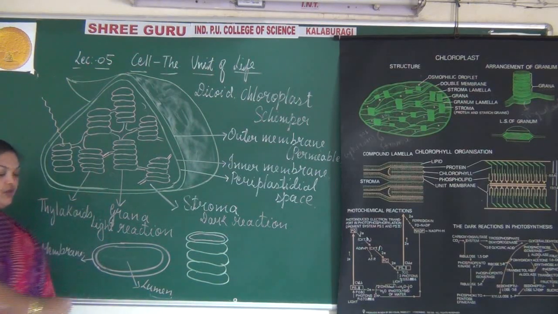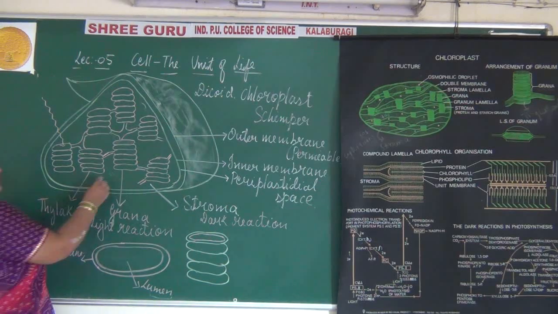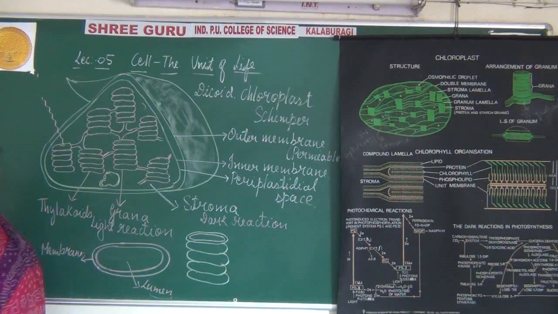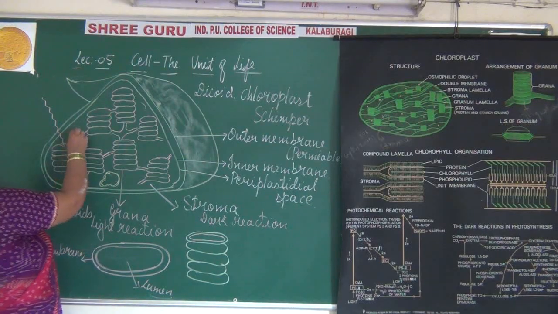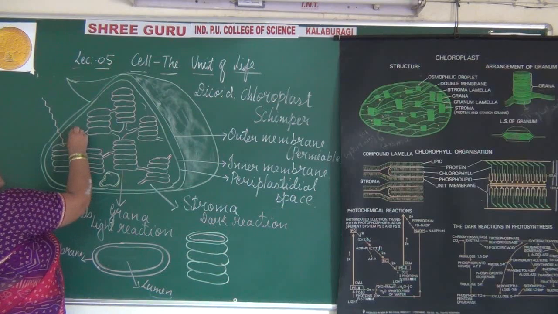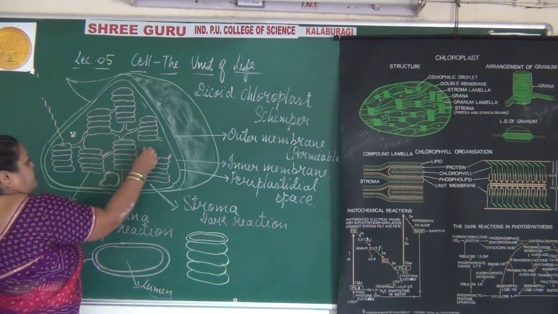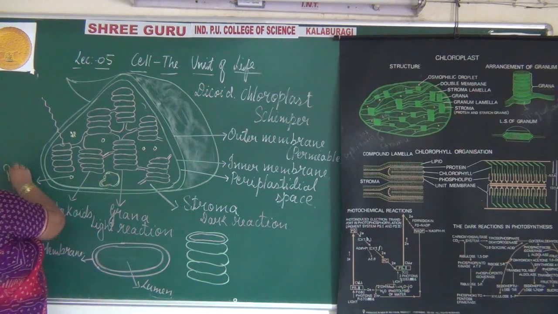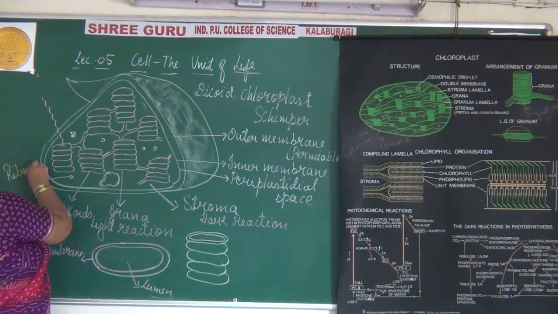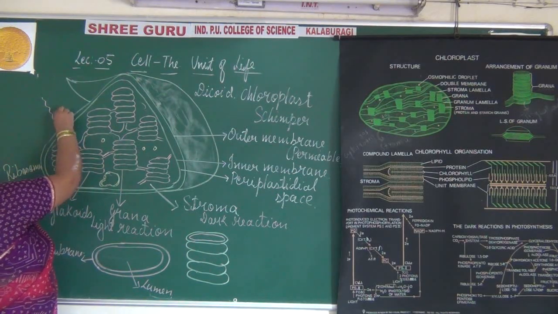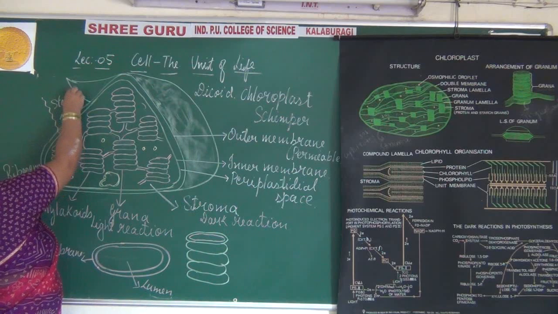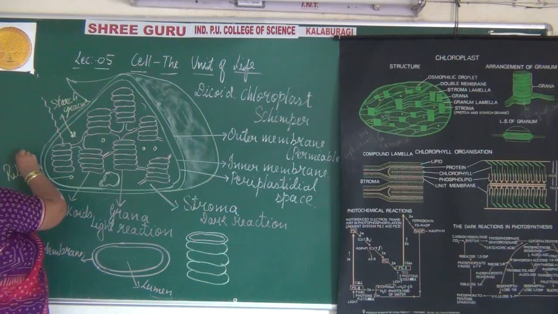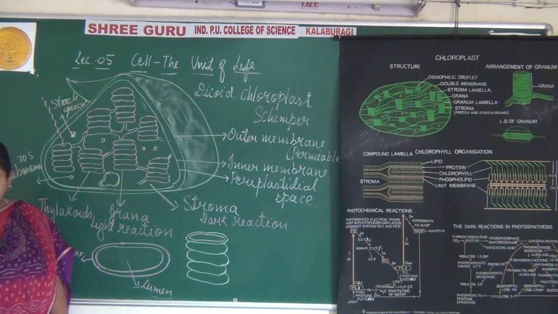Here also the chloroplast has its own DNA, with starch granules and 70S type of ribosomes.